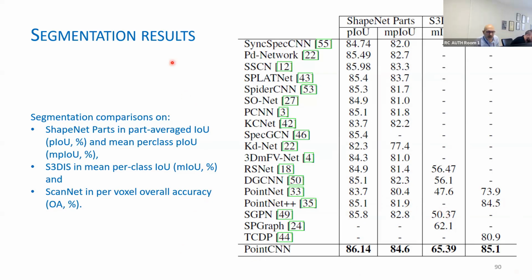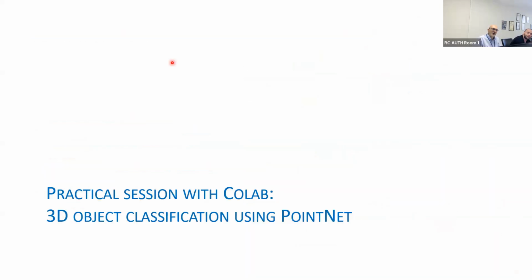Okay, so I think this is my last slide, and for this first part, I think we are perfectly on schedule. So what we have seen in this part, just to summarize, is this introduction to these non-Euclidean domains, and then we focused on the point set that basically can be regarded as a graph without connection. So we have just sparse points in the space with associated features.